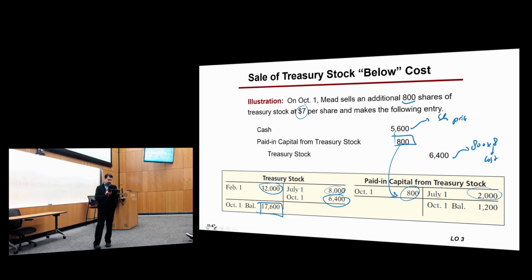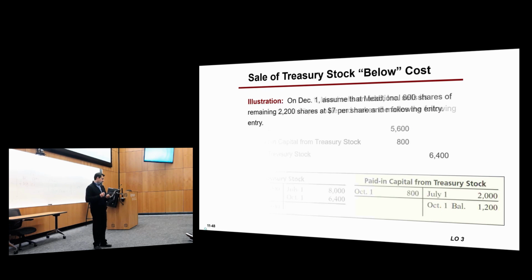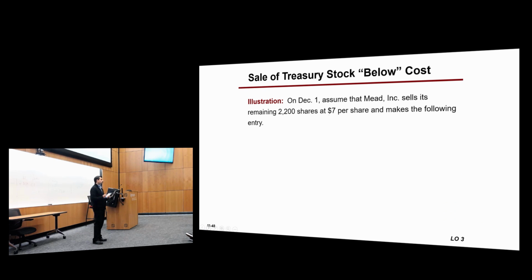Let's say that the company again sells the remaining 2,200 shares at $7 per share. Is it below cost or above cost? Below cost, right? Remember, cash will be based on the sale. So cash will be debited 2,200 multiplied by 7.